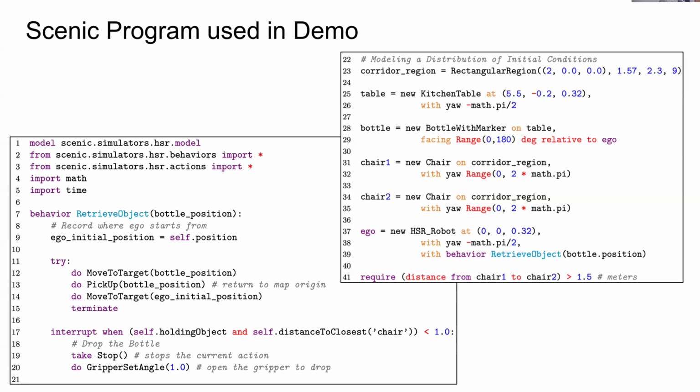The try tells the robot to go to the other end of the corridor, grab the bottle, and come back. The interrupt says that if you come close to a chair, release your hand and drop the bottle. This is a demonstration of what the try and interrupt block does. After it drops the bottle, it proceeds to go back to the starting position. On the right side is the basic scene description of what the world is going to look like, the basic scene and things that we saw yesterday.